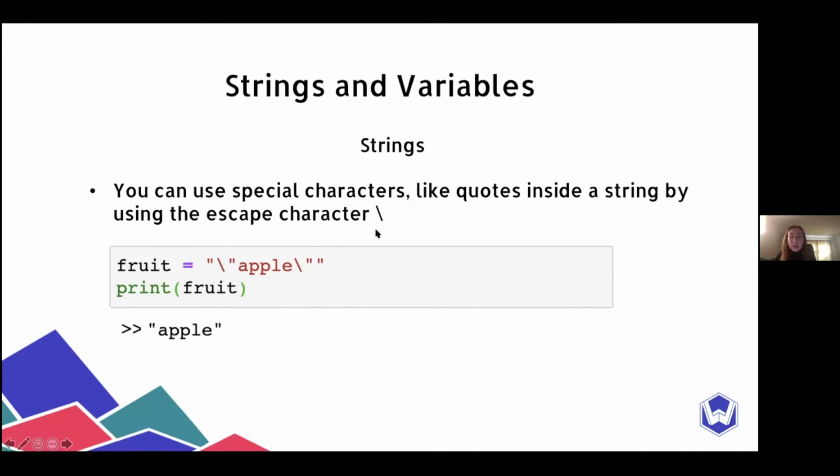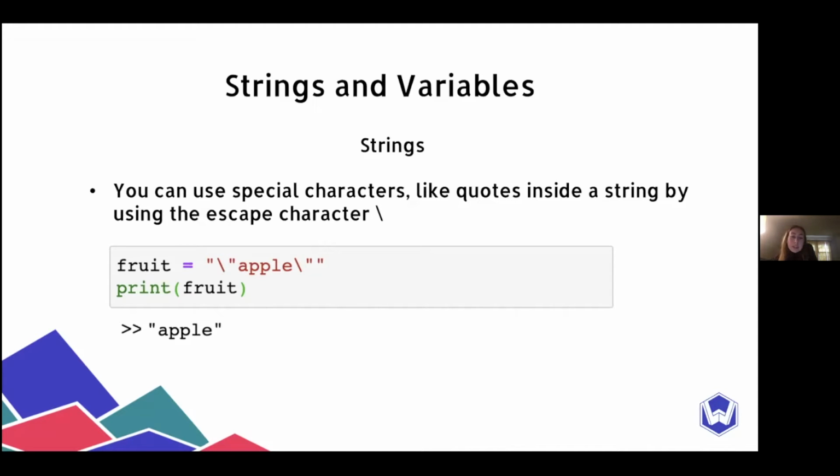The escape character in Python is a backslash, as shown in this example. We put it before the offending character, or the character that we're worried that Python will interpret differently, to say this is part of the string. And there are other special characters that also require this escape character, but we won't get to those today.